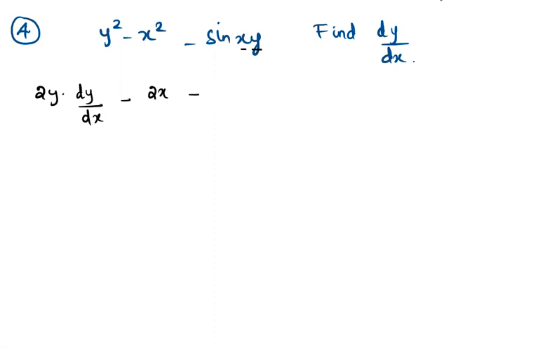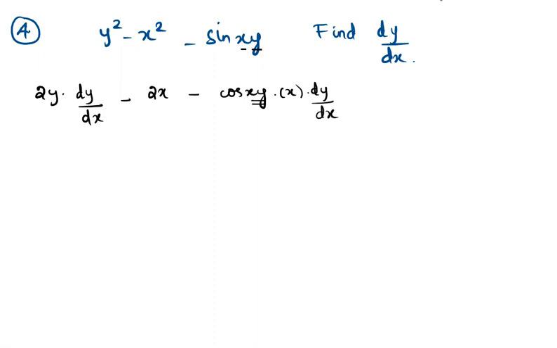So if we differentiate sine, this will become cos xy, and differentiating xy again. So first we differentiated sine, so sine will become cos, and we are differentiating the terms inside the cos, that is xy. If we differentiate this with respect to y, it will become x dy by dx, right?